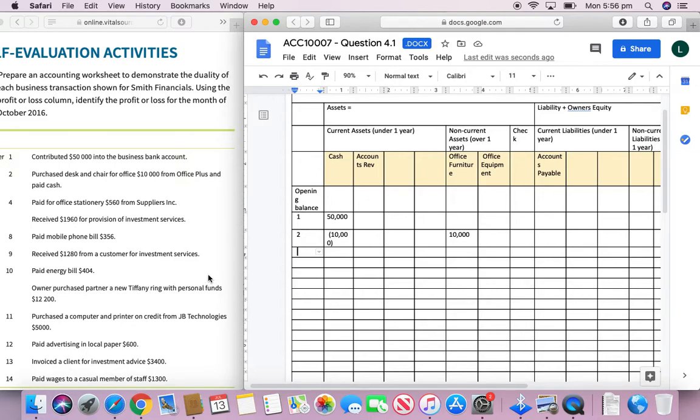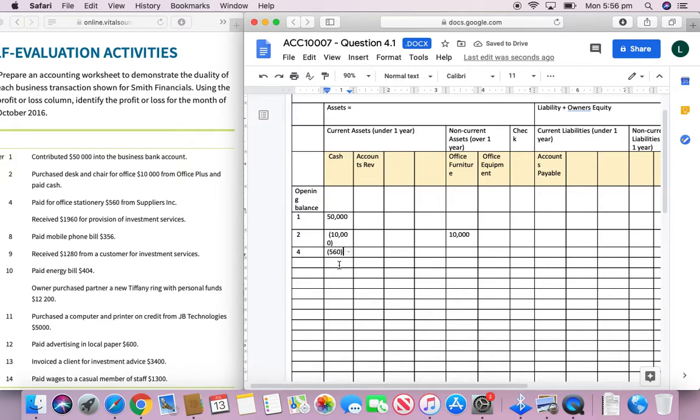The next one is the 4th of October. Paid for office stationery, $560 from Supplies Inc. So office stationery, it's not an asset, it's something we use fairly regular, it's an expense. And we're also paying it for cash because it's an immediate thing, so we have to reduce cash balance by $560.